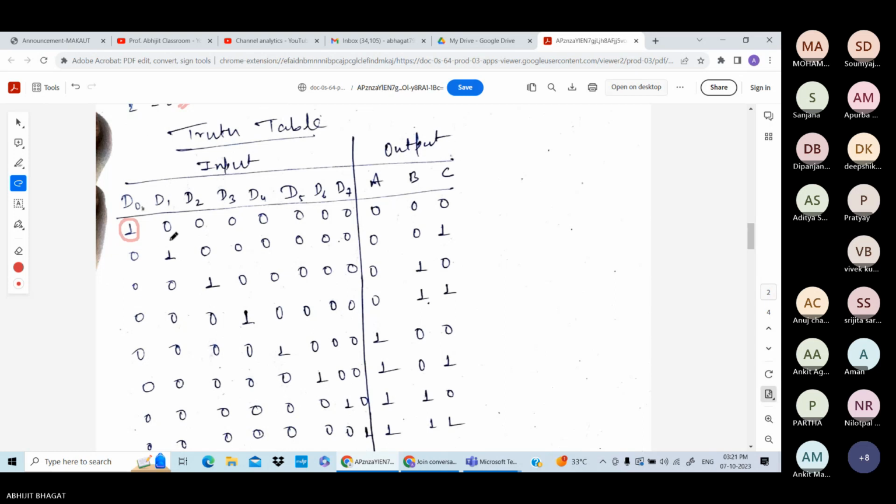Next, when your D1 is 1, in case of encoder, one input is active at a time. So when D0 is active, all others are 0, means inactive. Next, when your D1 is 1, it is 0, 0, 1. D2 is 1, 0, 1, 0.